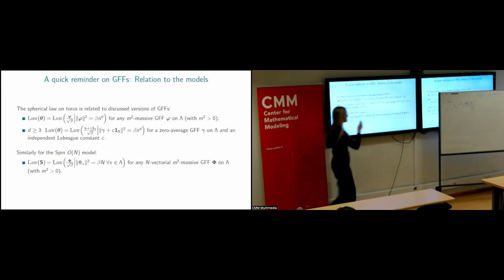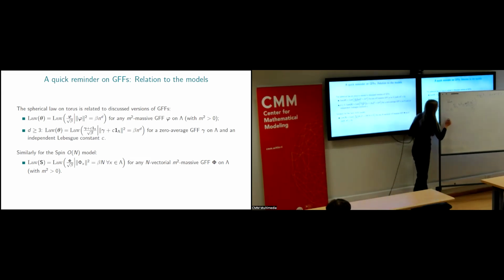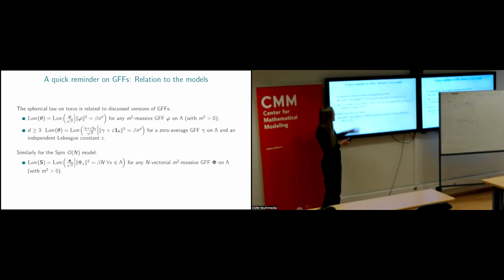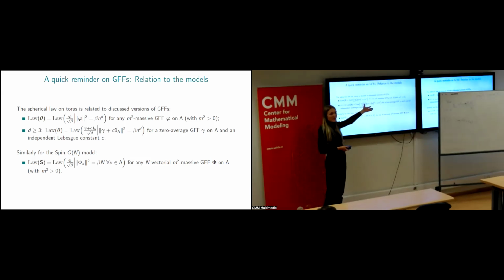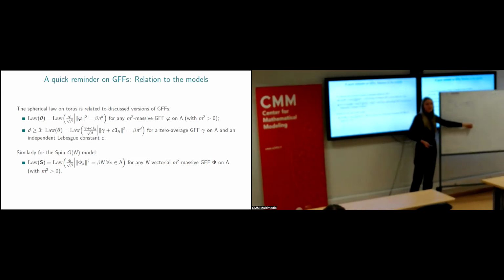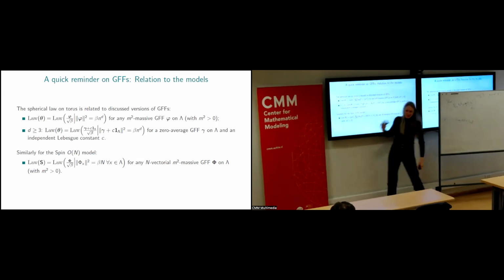When I say that, I mean that the law of gamma is the zero average GFF times Lebesgue measure. A priori it's not a finite measure, but when we do this conditioning, it becomes a probability measure. For example, if one restricts this to a ball of size square root of 2 square root of nd, then it would be a probability measure. So you rescale and then you work as if it were a probability measure.